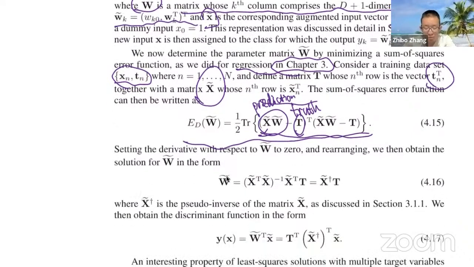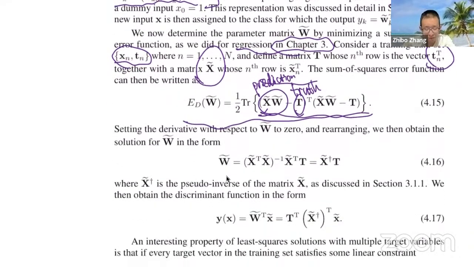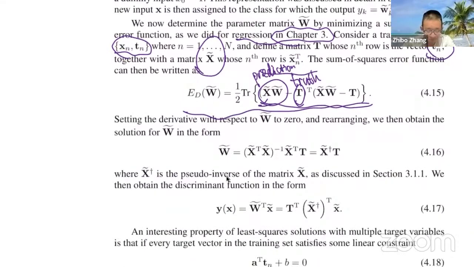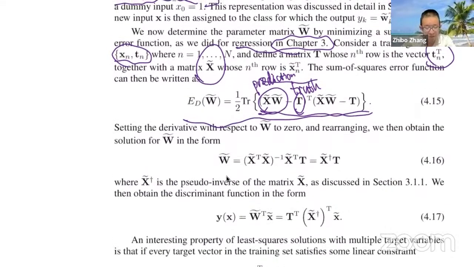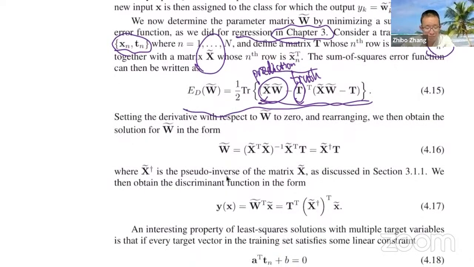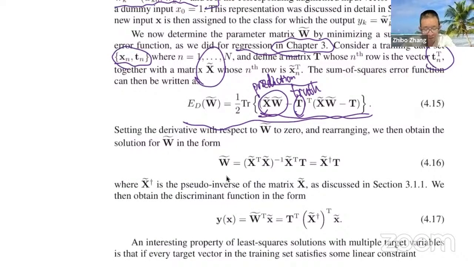This is called the sum of squares error function, right? And then at the outer layer, you take the trace, okay? This coefficient 1/2, 0.5, is just for the convenience of writing down the derivative.